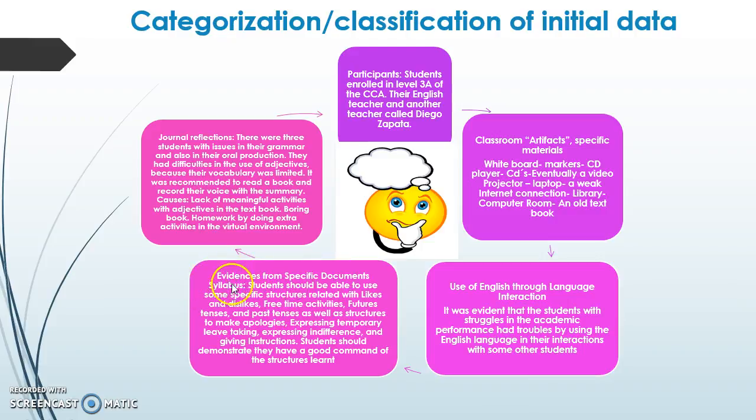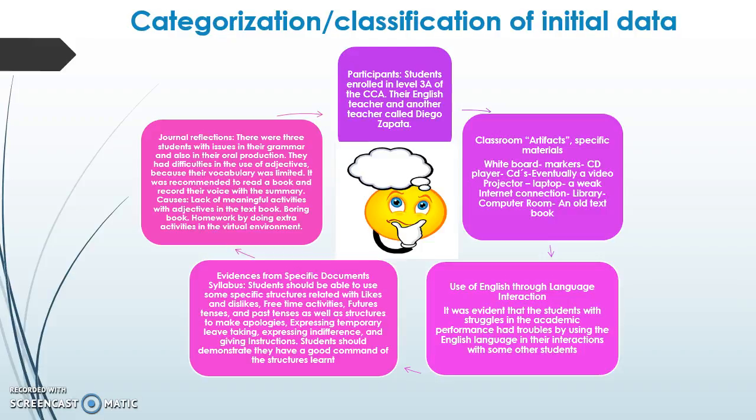In regard to the syllabus of the institution, the students should be able to use some specific structures related to likes and dislikes, free time activities, future tenses, and past tenses, as well as structures to make apologies, expressing temporary leave-taking, expressing indifference, and giving instructions.